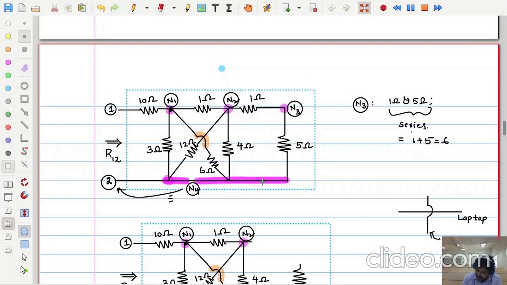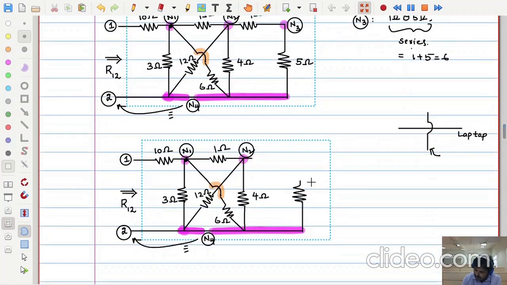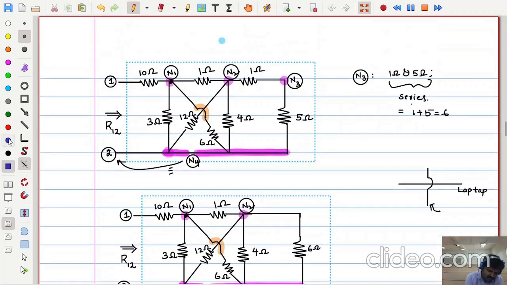Between N2 and N4. Between N2 and N4, 6 ohms will be there. So where the 6 ohms is connected is very, very important. See, in this way: previously 1 ohm and 5 ohms are connected in this thick blue color line.